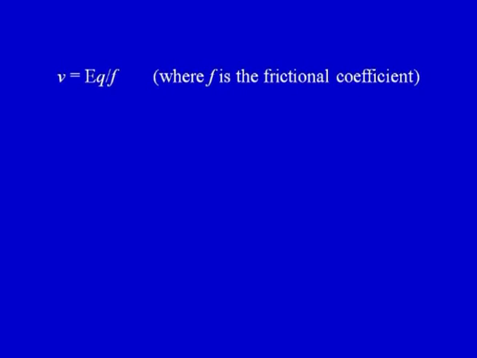Therefore, the velocity of the charged molecule in an electric field will be given by V equals Eq upon the frictional coefficient. That is the velocity a particular molecule will have when it moves under the influence of an electric field through a particular medium.